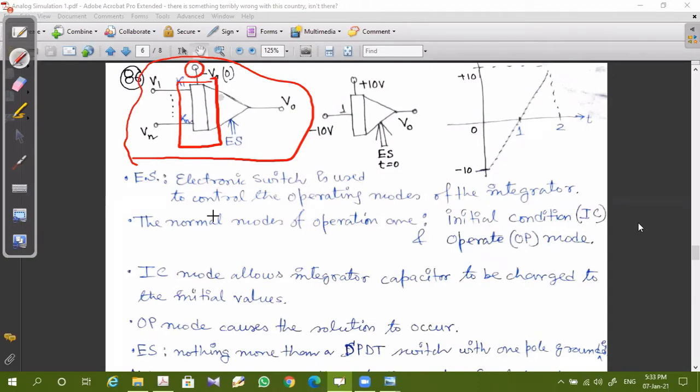So in case of a normal summer, we normally use this symbol, or for an integrator, we need to use this symbol, with this being the initial condition. Okay, this you should keep in mind. This is a summer, subtractor, inverter, but this is an integrator.